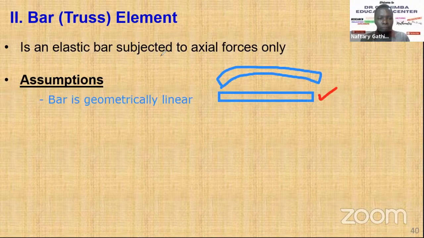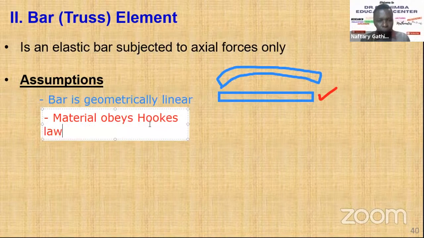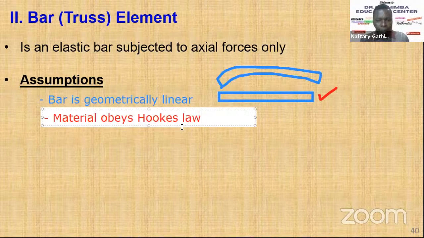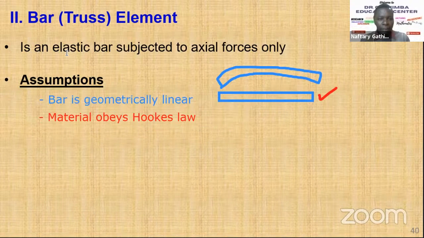Number 2, you assume that the material obeys Hooke's law. So the material that constitutes the bar element obeys Hooke's law, because we are considering a linear elastic bar.